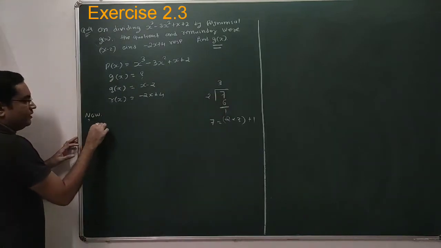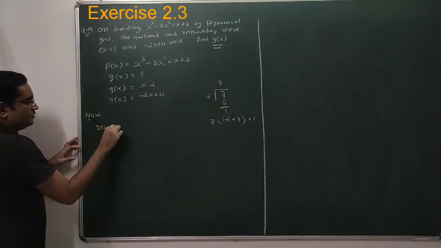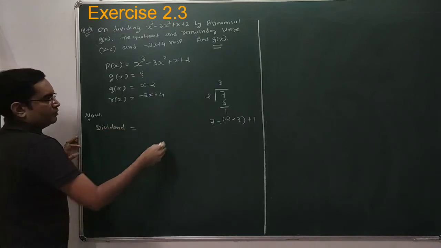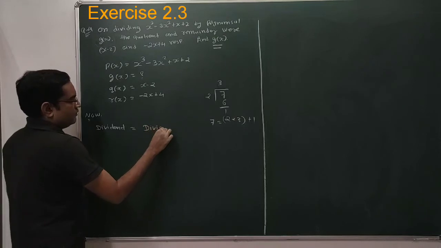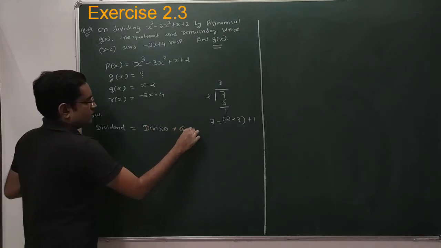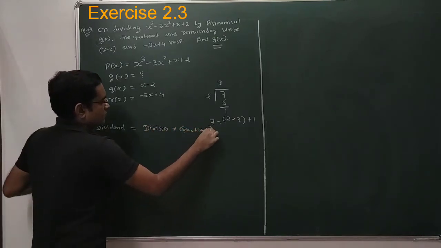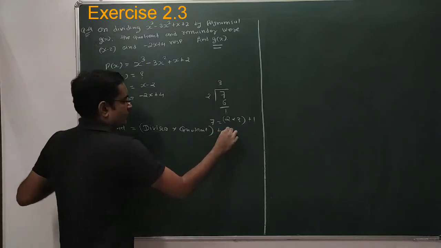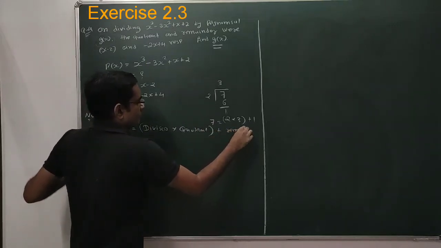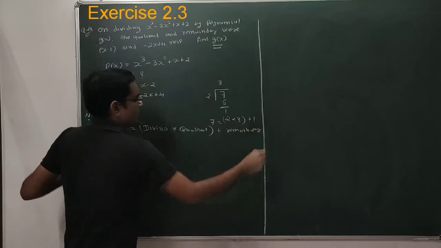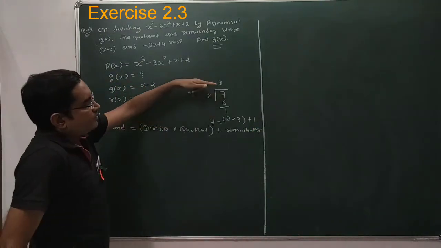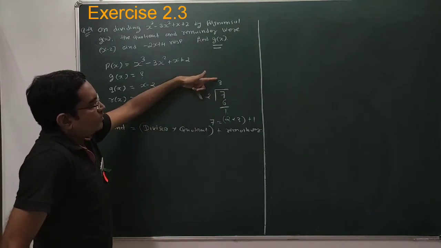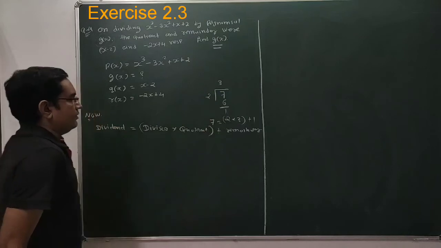So we can write: dividend equal to divisor into quotient plus remainder. Clear students? Dividend is equal to the multiplication of divisor and quotient plus remainder.